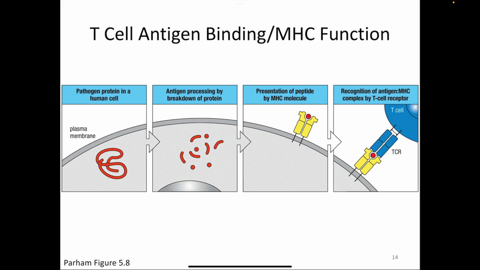So if you look at our T cell receptor, we've got part of our pathogen in red, we've got our MHC in yellow, and what you can see is that the T cell receptor is actually binding to this combination of MHC plus peptide.